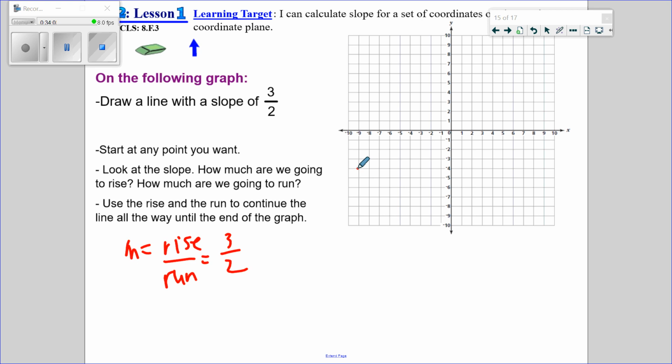So I have to go up 3, 2 to the right. 1, 2, 3, 2 to the right. Sorry, guys. 1, 2, 3, 2 to the right. So it can go. Now I'm going to connect them.